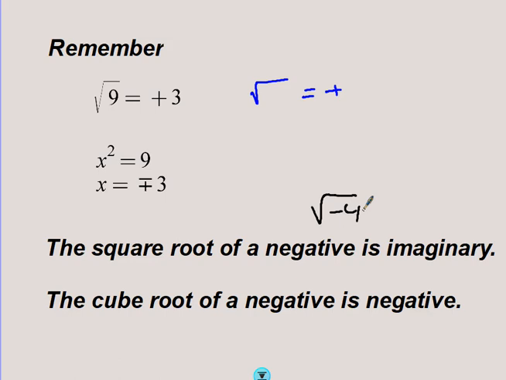The cube root of a negative, however, is negative. And you can generalize this, that the even roots of negatives are imaginary, and the odd roots of negatives are also negative.